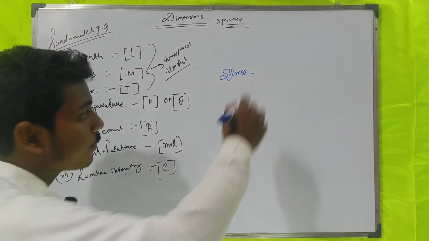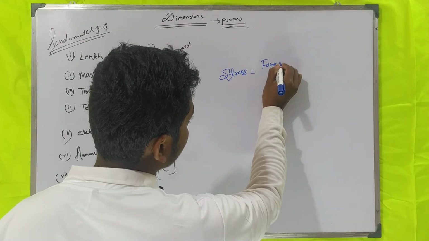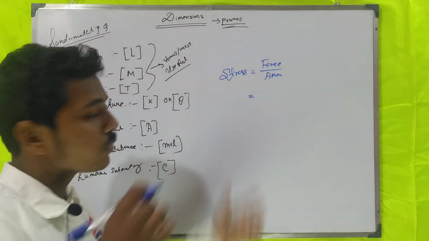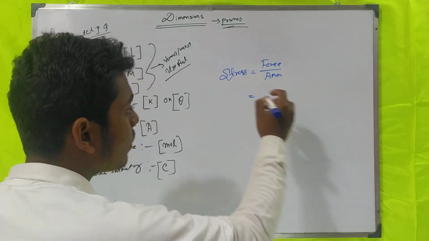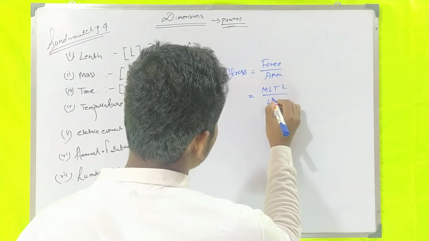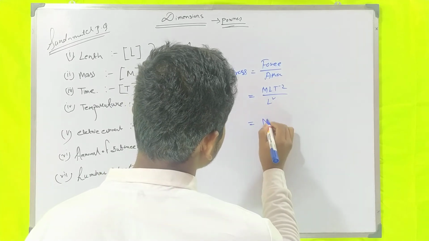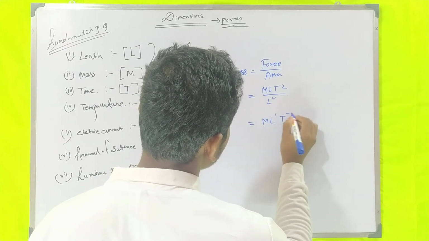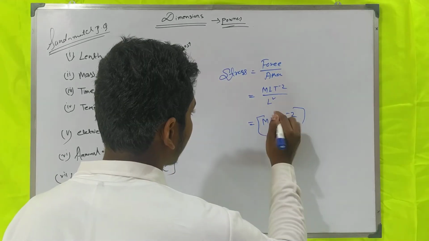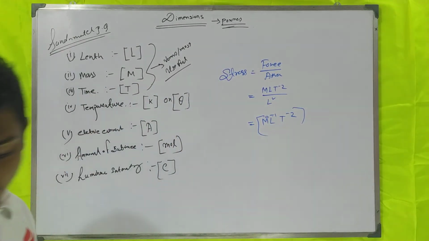Stress is equal to force per area. We know the force dimension is M L T^-2 and area is L square. So we can write as M L^-1 T^-2. Is it clear to all?